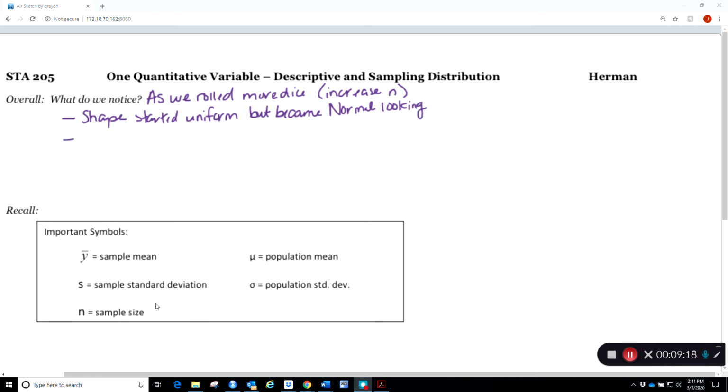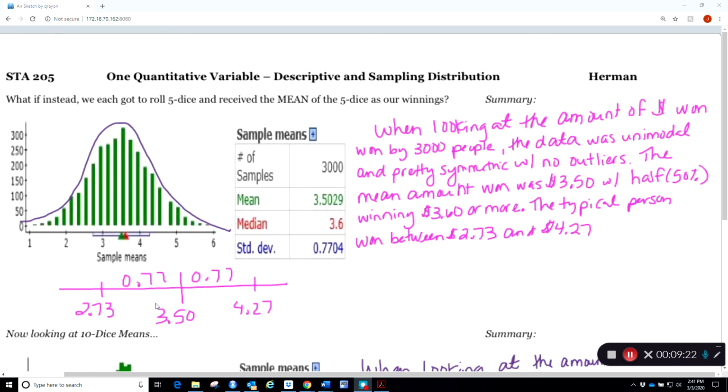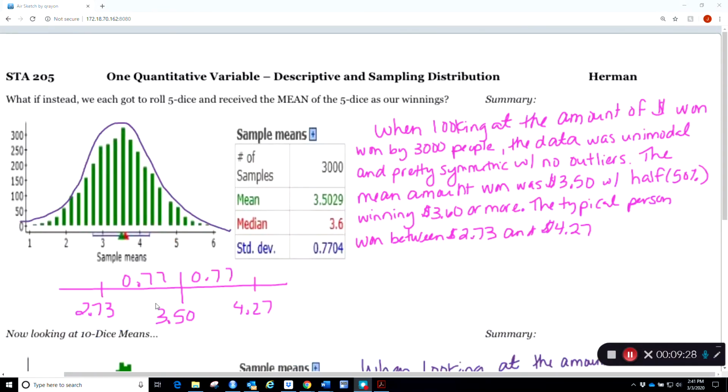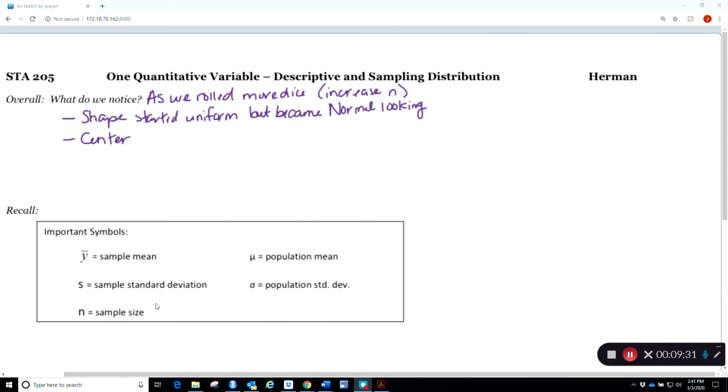Our center, which was the mean and median, kind of hovered right around that 3.50-ish mark for pretty much the most part. So the center didn't really change.